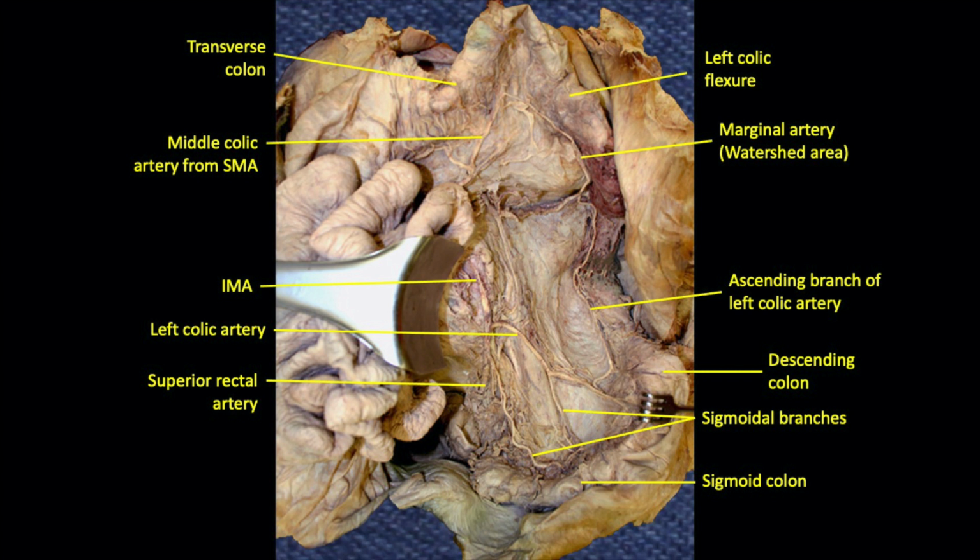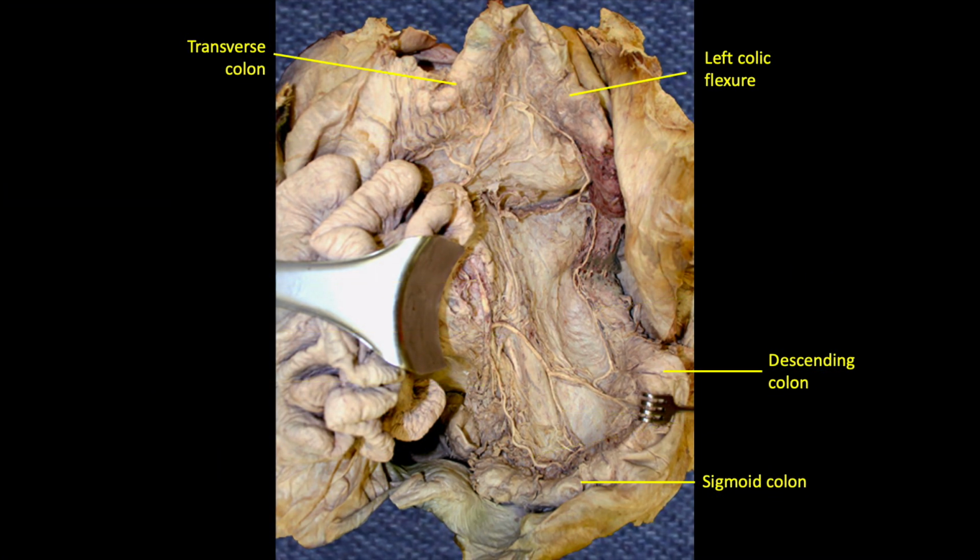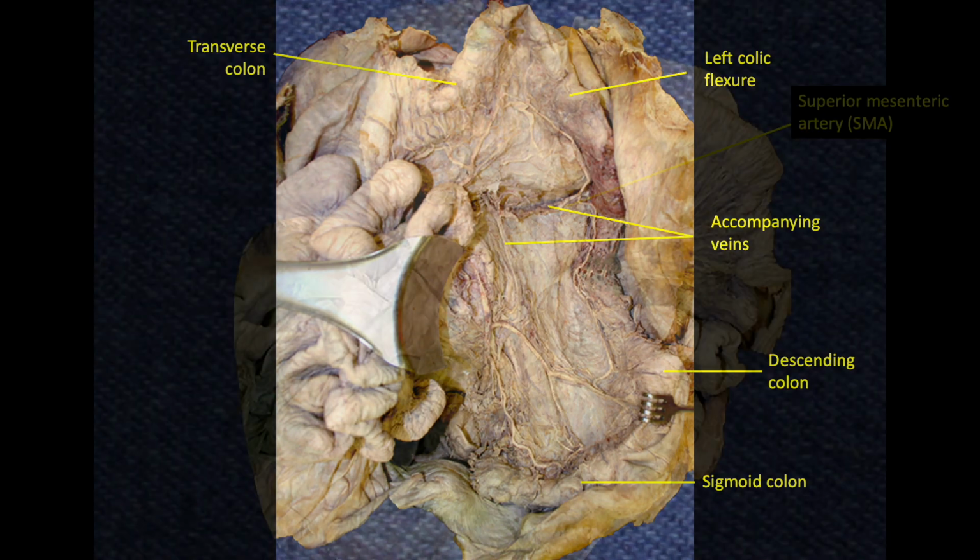In addition, we must now consider the venous return of the alimentary canal. The venous return is straightforward and is by way of the tributaries of the portal vein that accompany the arteries arising from the IMA and SMA. Here, for example, we can see some of the veins that accompany arteries arising from the IMA.